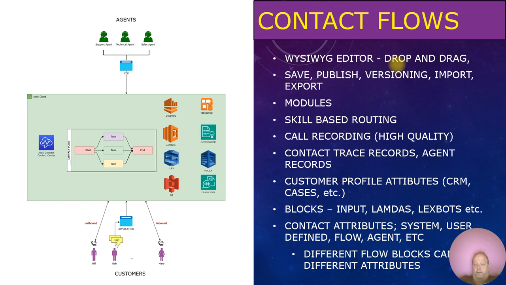So it's very flexible. Different flow blocks can use different attributes. Just keep that in mind. Some of the flows don't involve the agent, so you won't need the agent attributes, and some flows do, and you might use the agent attributes, etc.